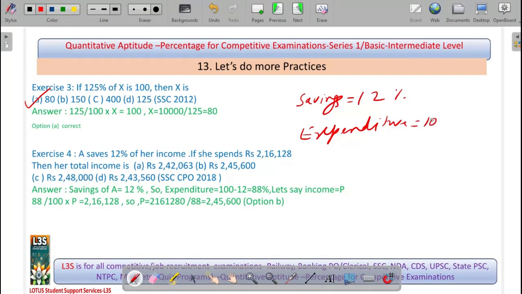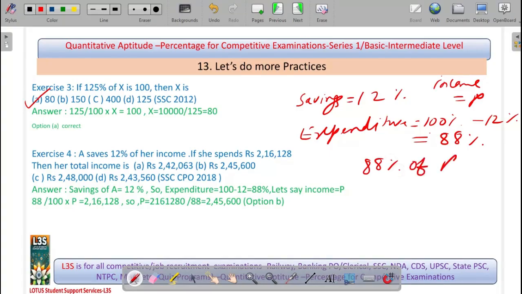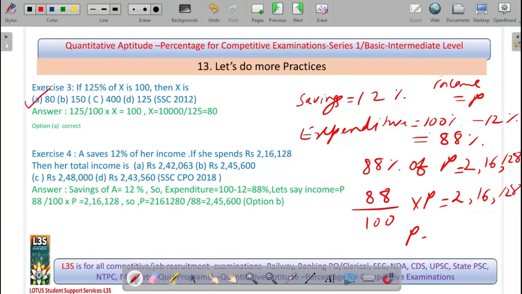Expenditure will be 100% minus 12%, so that will be 88%. So say her total income is P. Now 88% of P equal to 2,16,128. 88 by 100 into P equal to 2,16,128. So what is the value of P?